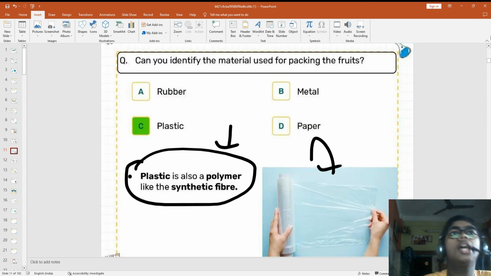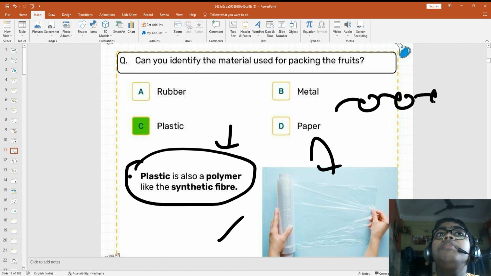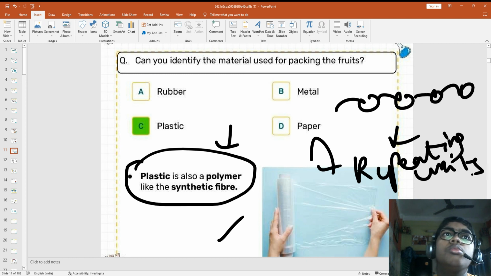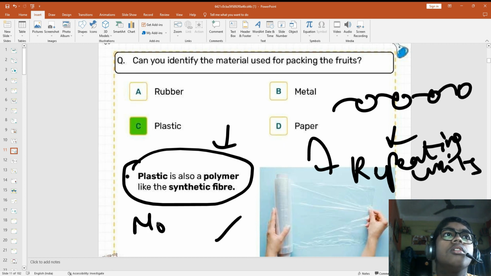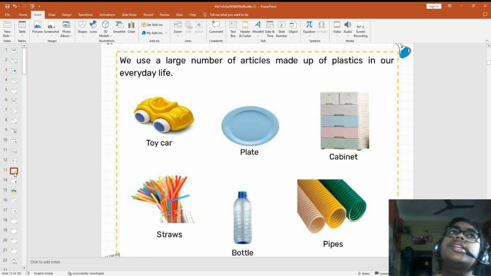Plastic is also a polymer. What does polymer mean? It means it is made up of repeating units. Plastic is also made up of repeating units of monomers.